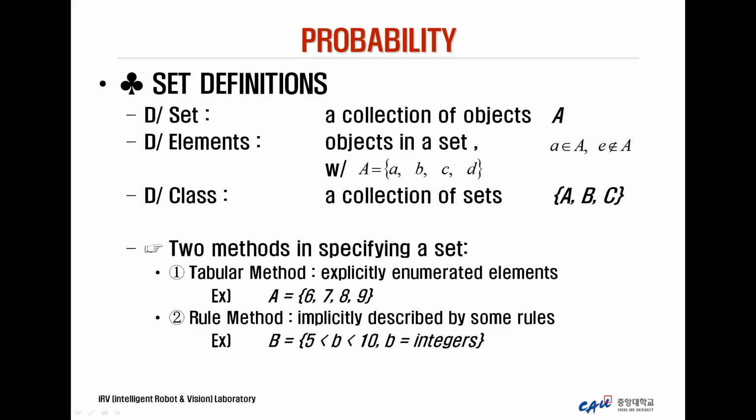When you describe by using some rules implicitly, then it's called a rule method. For example, capital B is specified by some rule, in which small b is between 5 and 10, and you also define b as integers.